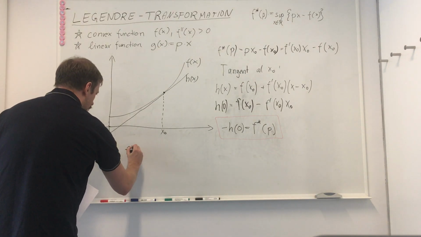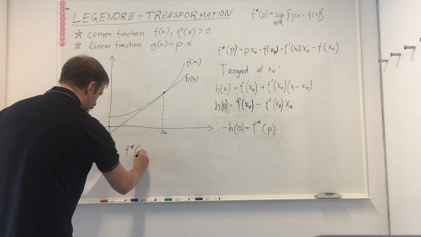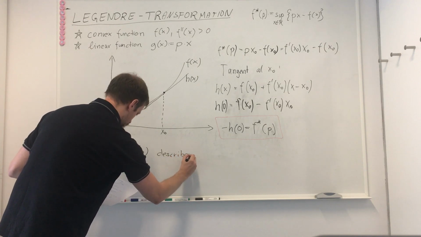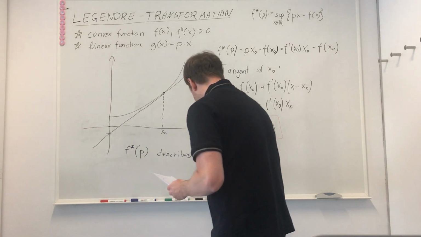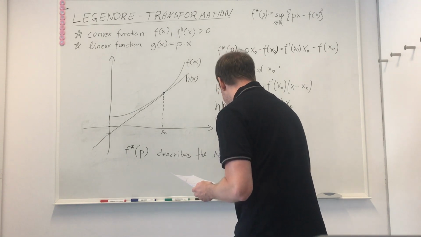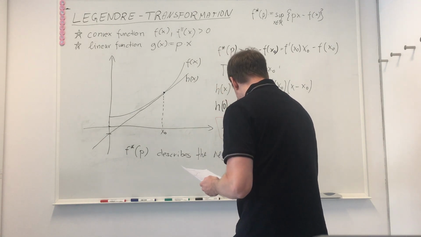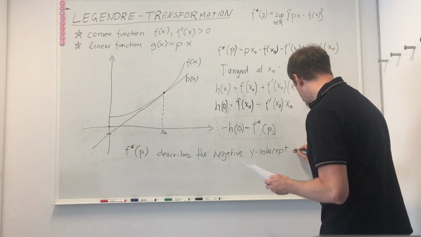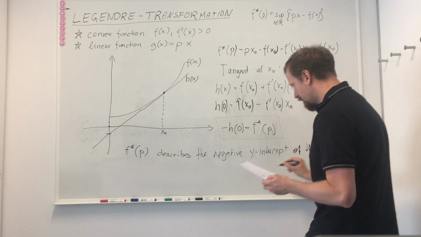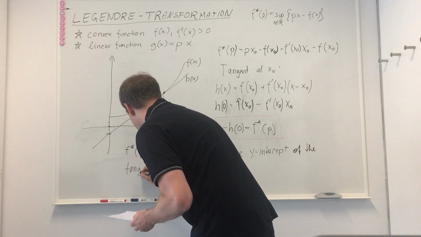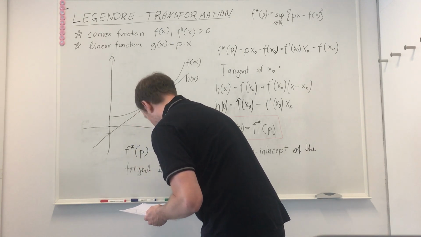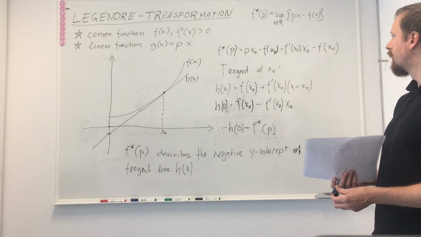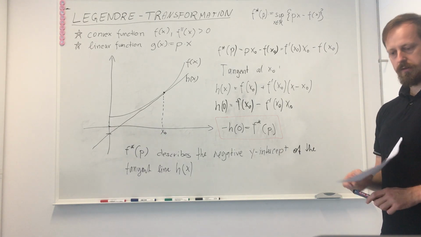So f star of p describes the negative y-intercept. So hopefully this is clear.